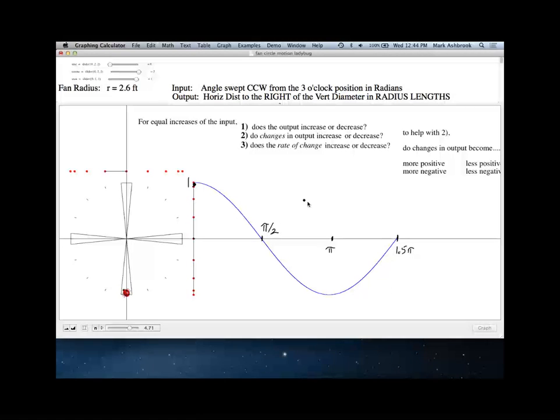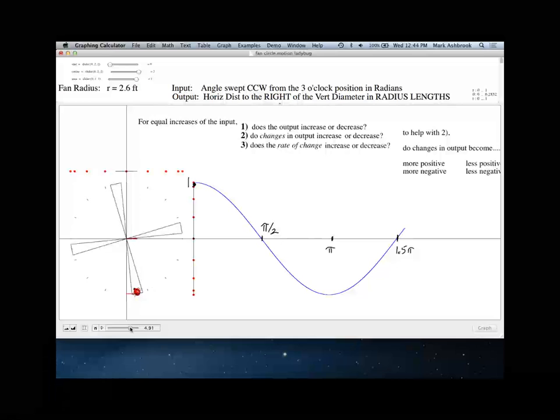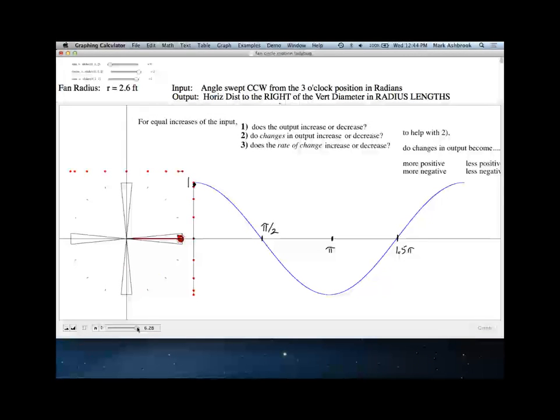Last quadrant, the horizontal distance goes from what to what? Here it's 0. Now the horizontal distance goes to 1. Positive or negative changes? Positive changes. Getting more or less positive through here? Getting less.